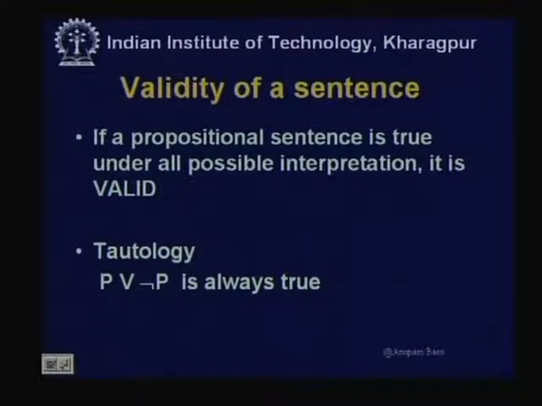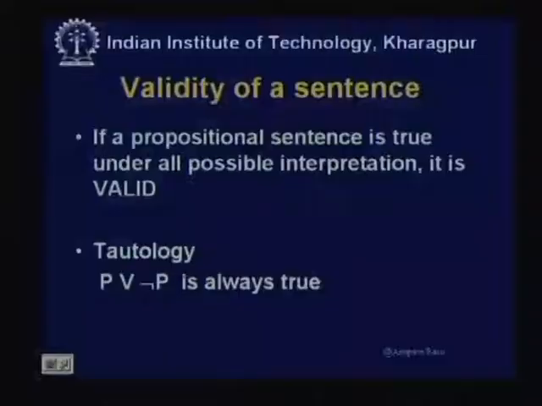So any one of them will ultimately be true always, irrespective of whatever P means. If P means Gita is intelligent, Sita is diligent, whatever interpretation you give, it does not really matter. P or not P will always be true for any interpretation you give in any world.